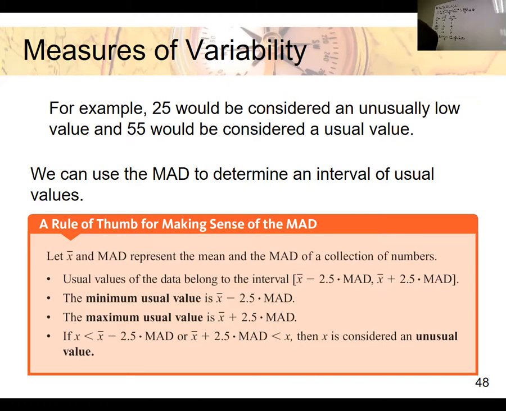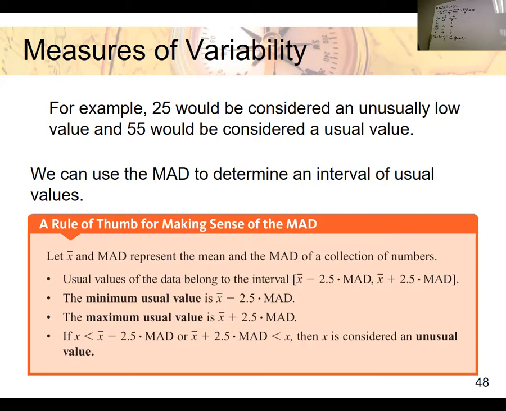But in this case, we're going to use 2.5 times the mean absolute deviation and subtract from the mean to get the minimum, add to the mean to get the maximum. A value called X would be considered unusual if that particular data value falls on the outside of that interval.